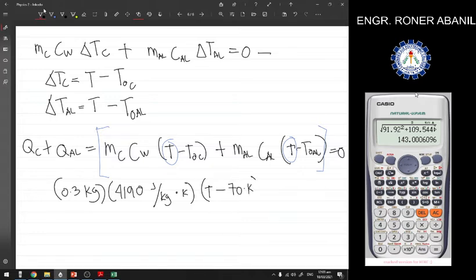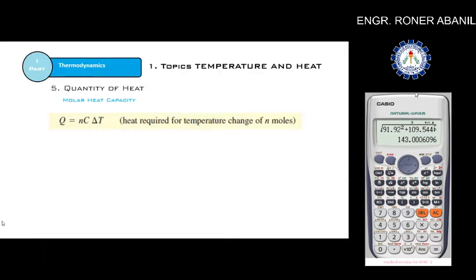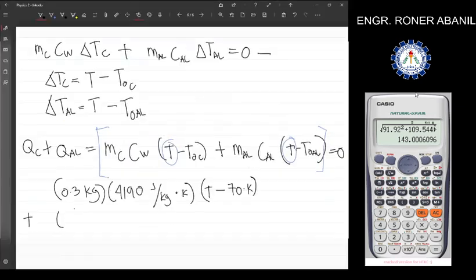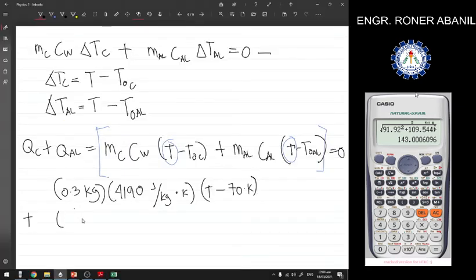Plus natin to sa mass ng aluminum, which is 0.12 kilogram.